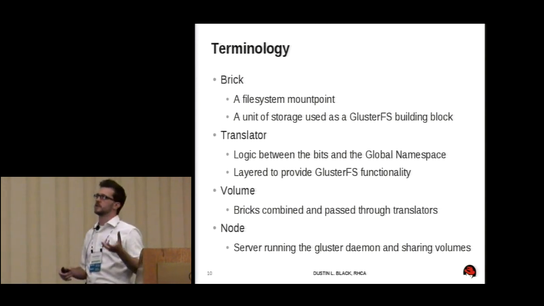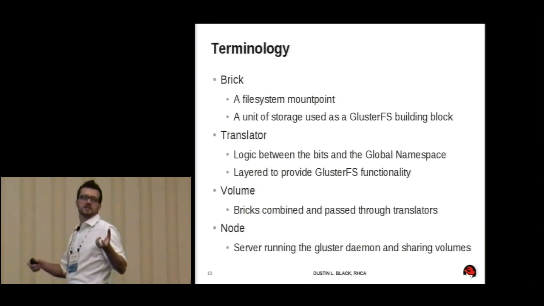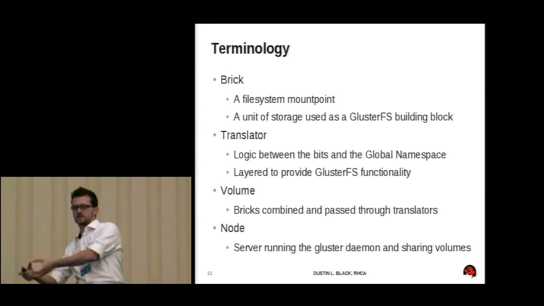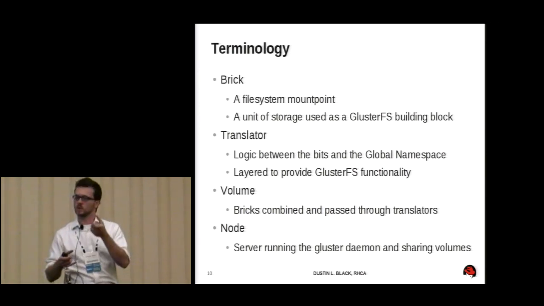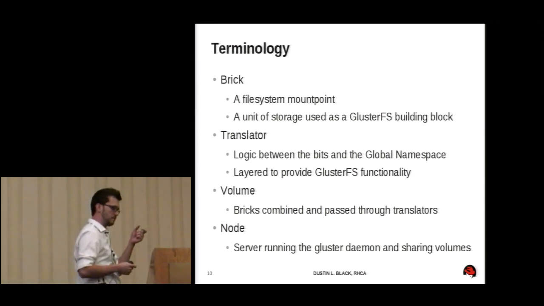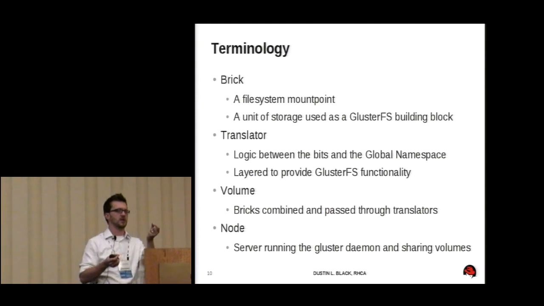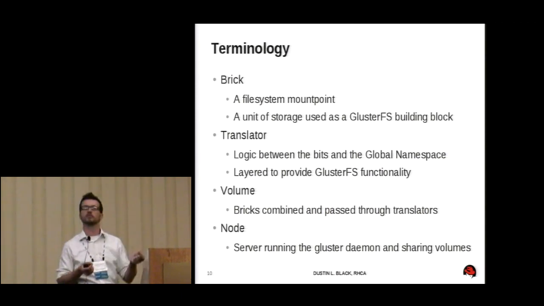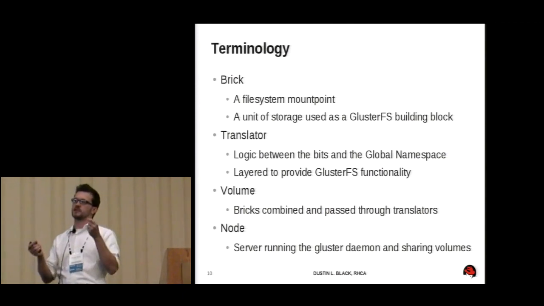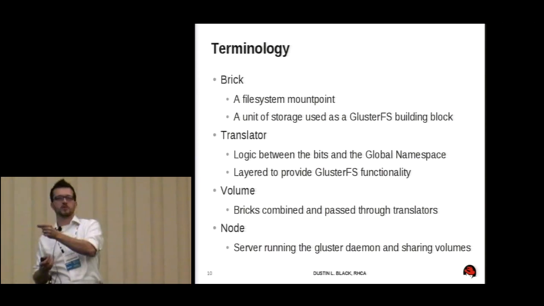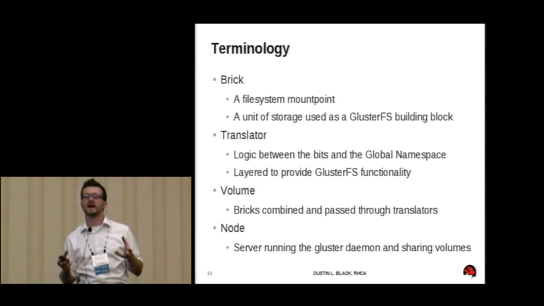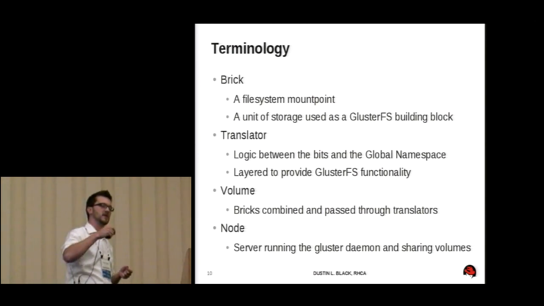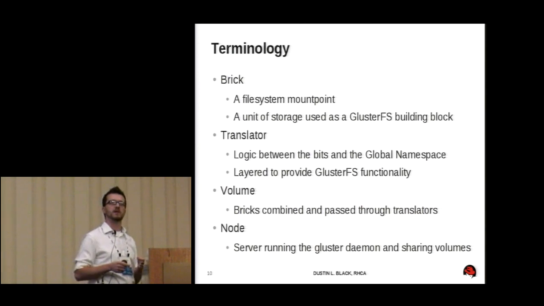A translator is a piece of logic. It's what sits between that storage and what's being presented in the global namespace to the user. The brick being the storage component, John Mark used the analogy of Lego bricks, right? With these Lego building blocks from the storage component, I can snap them all together and scale up the amount of storage capacity that I need. The translator gives me a similar capability with logic.